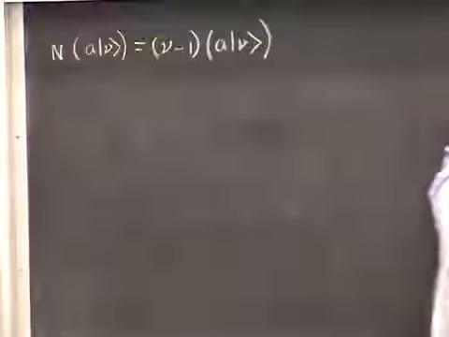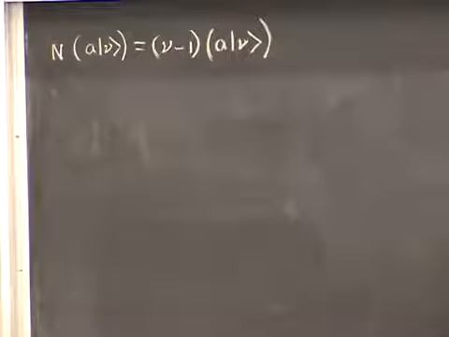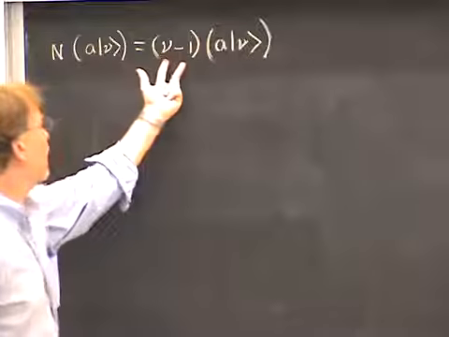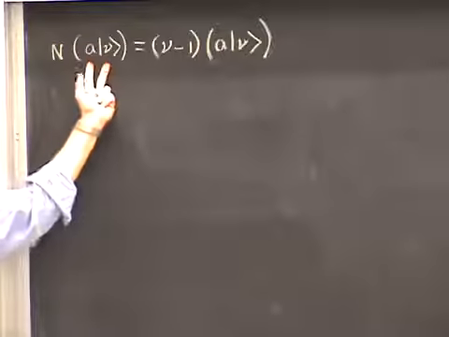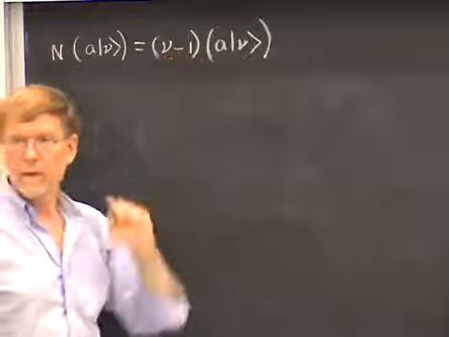And thus we can say that the state A nu, remember nu here is assumed to be an eigenstate of n, the number operator, with eigenvalue nu. So this statement says that if we apply the number operator to A nu, we get a factor of nu minus 1. Therefore, A nu is an eigenvector of n with eigenvalue nu minus 1.